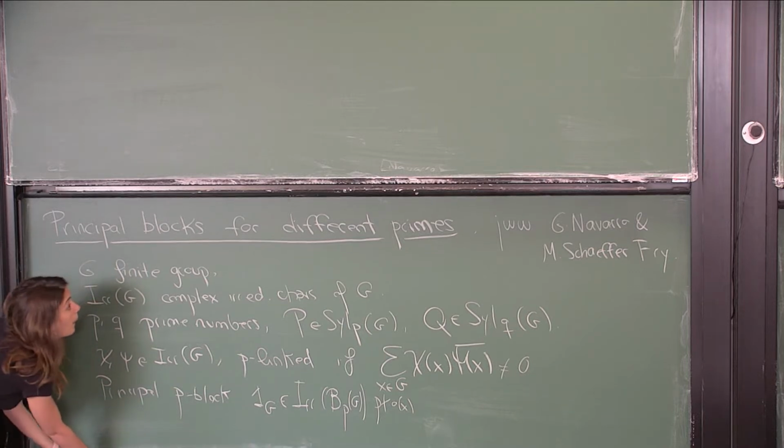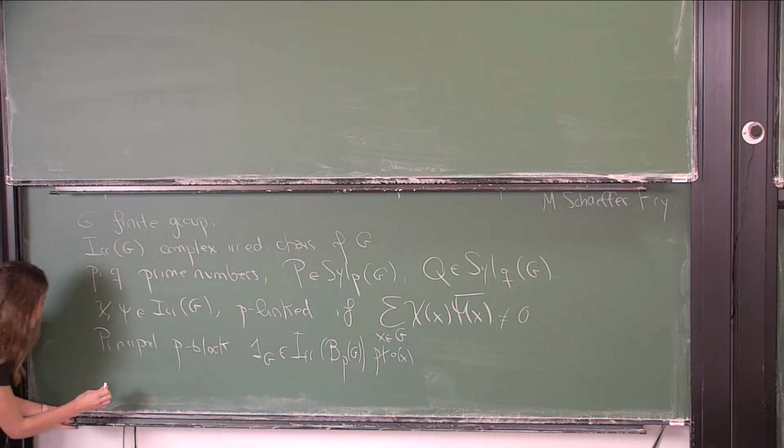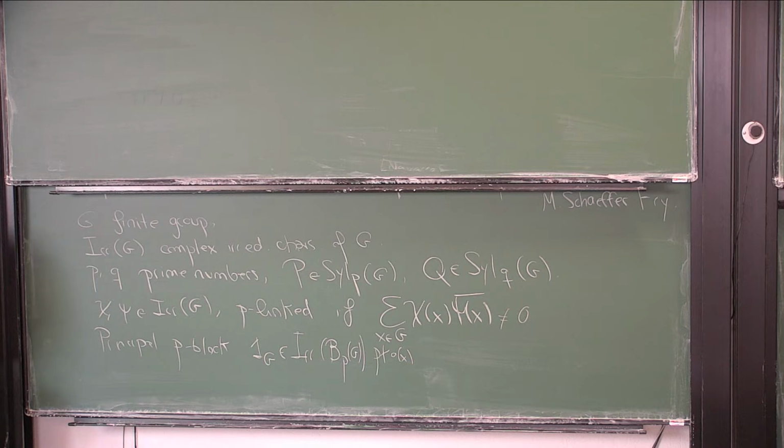We also know that to each p-block we can associate a conjugacy class of p-subgroups of G, which are the defect groups of the block.